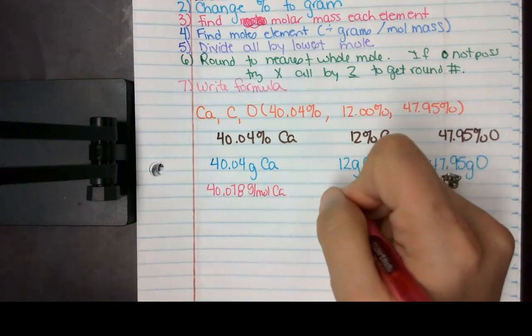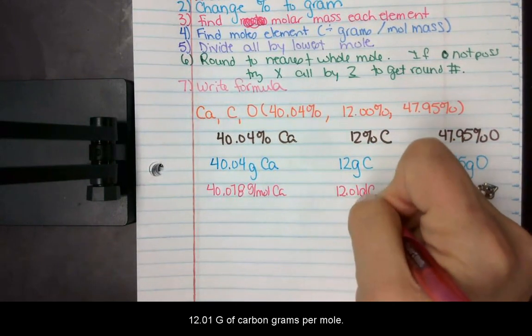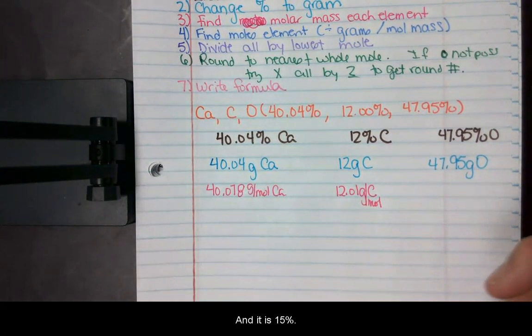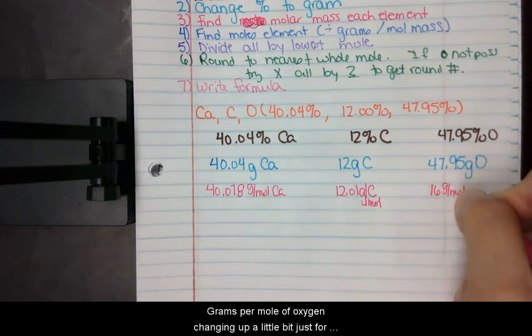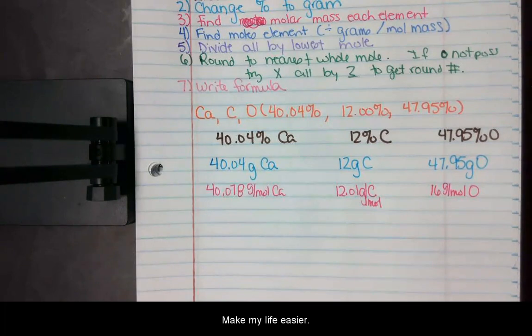It is 12.01 grams per mole for carbon. And it is 15, let's just do 16 grams per mole oxygen. I'm changing it up a little bit just to make my life easier.